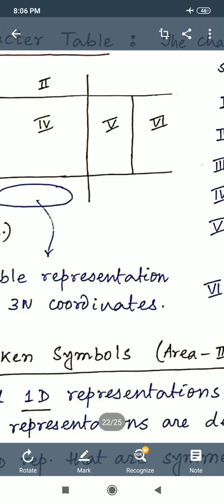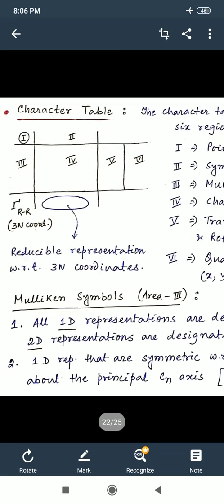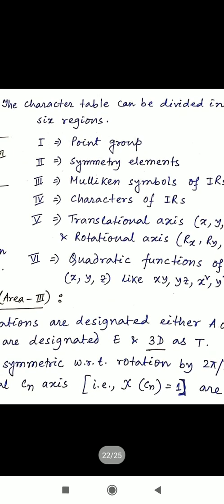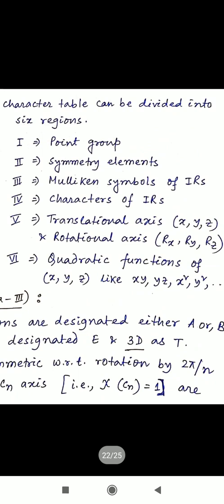This is number 5, and just after that number 6 is also there. At number 5 we write the translational axes, which for any molecule are x, y or z, and the rotational axes, that is rx, ry, rz. You have to remember these to construct the character table.